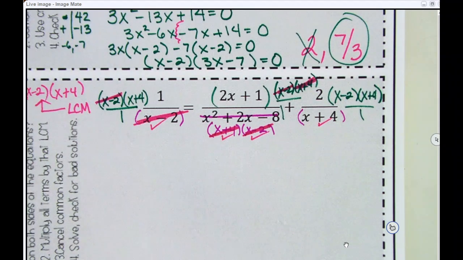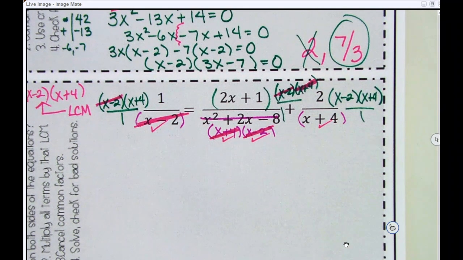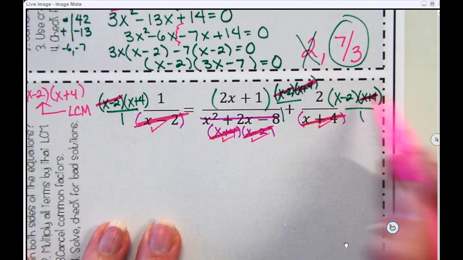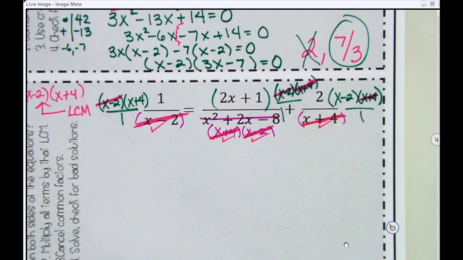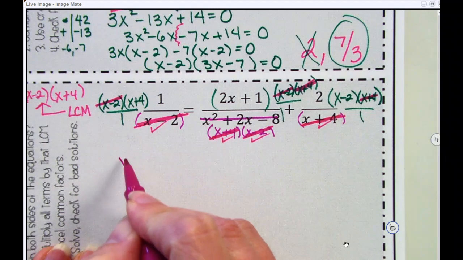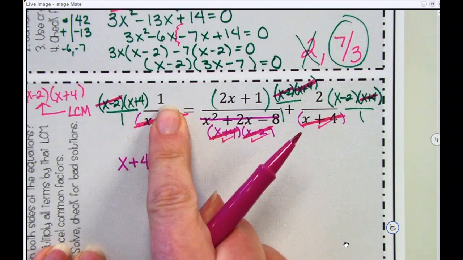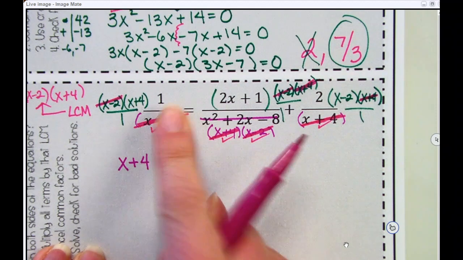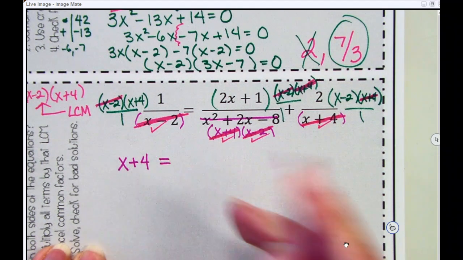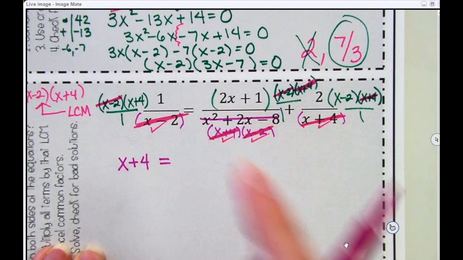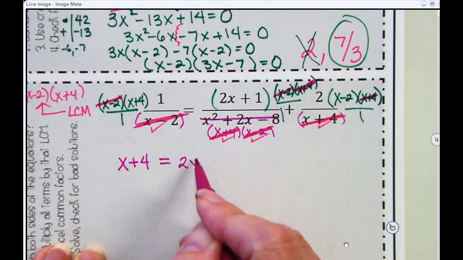Some of you will get to where you do this in your head and set it up. X plus 4 cancels with x plus 4. So let's see what we're left with. I'm left with x plus 4 times 1. Do I need to put the times 1? No. Equals, whoo, everything canceled right there. So I'm left with the 2x plus 1.